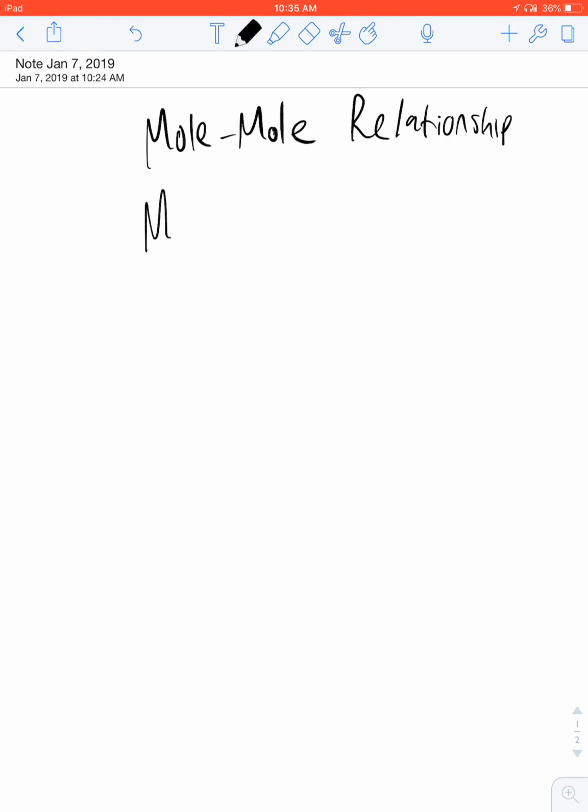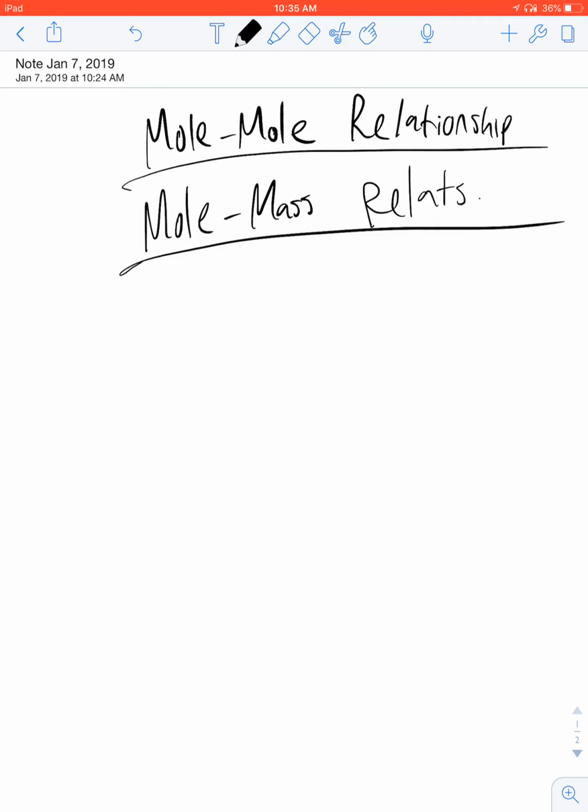Today we are learning about mole ratios. I'm sorry, mole-to-mole relationships, and then we're going to learn about mole-mass relationships. So these two topics connect back to our mole ratios.